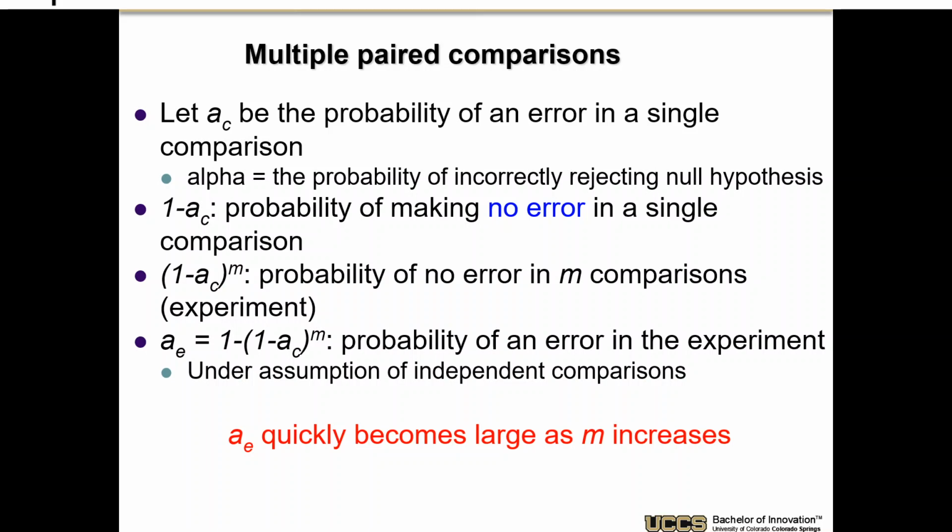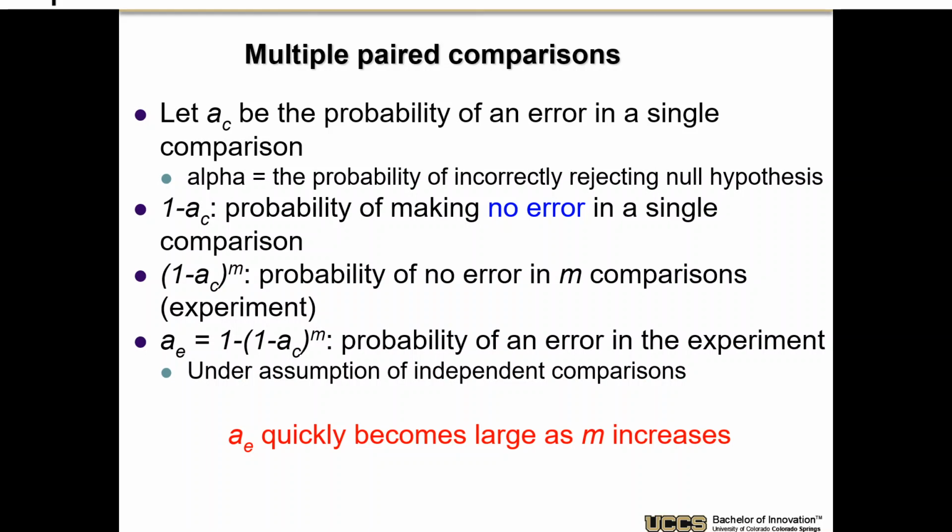The problem is if I do lots of pairwise comparisons. So if I go back and I have those three groups, if I compare Simpsons to Flintstones, Simpsons to Family Guy, Family Guy to Flintstones, I now have done three different comparisons. So if I look at the probability of there being no error in M comparisons, because I've made more than one, then the probability of no error in the experiment is (1 minus alpha c) to the M power, right?